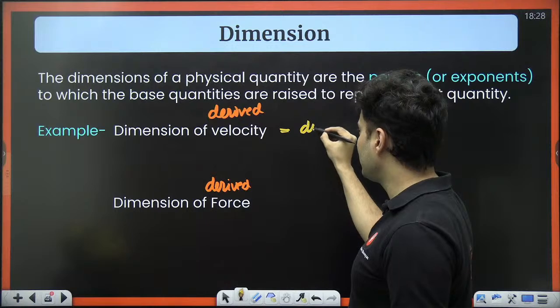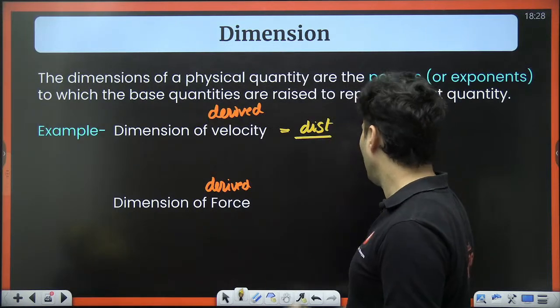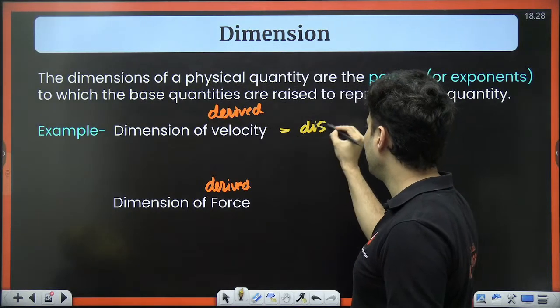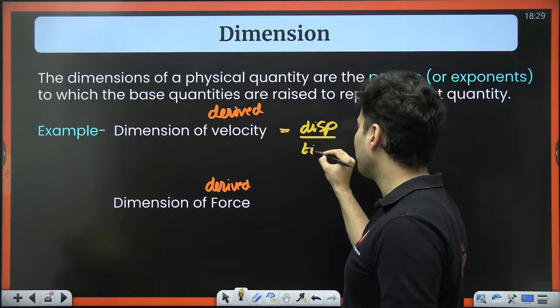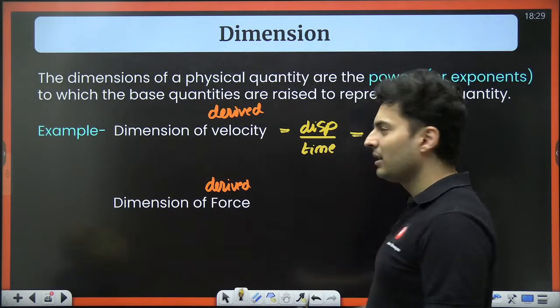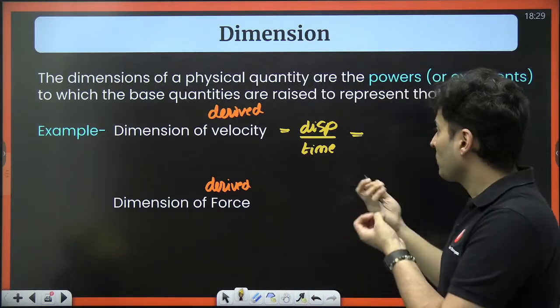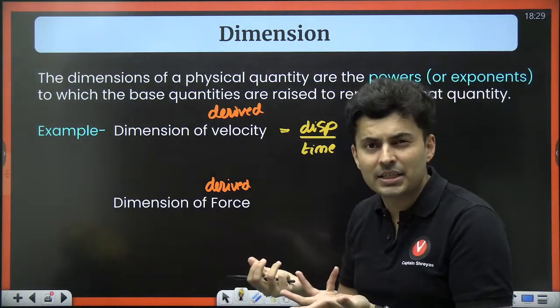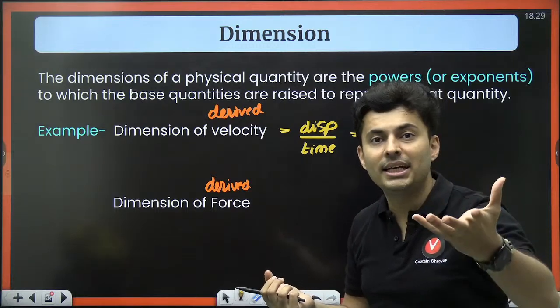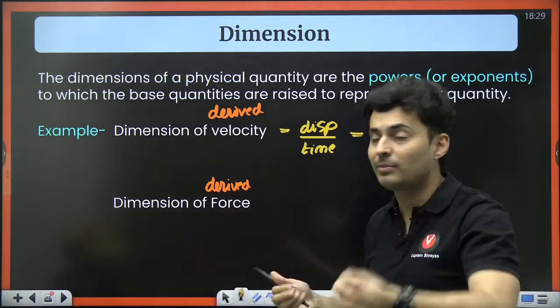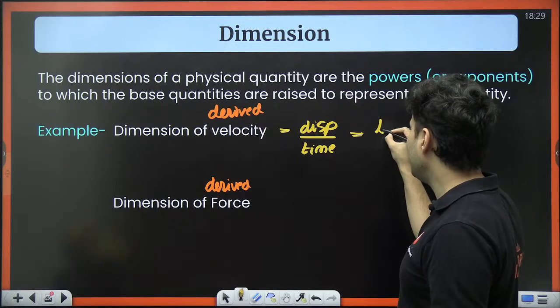Velocity is displacement by time. Displacement is measured in meters, so the fundamental quantity which measures displacement is length.